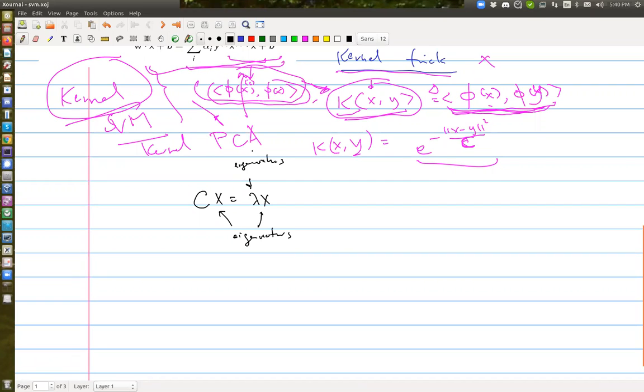And by the way, C should be a square matrix. Otherwise, people enforce C to be a square matrix.